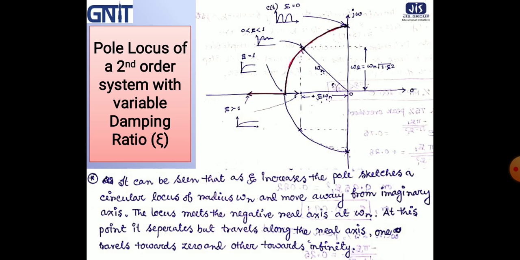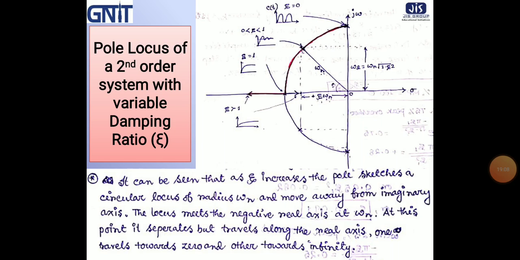The locus meets the negative real axis here. The locus meets the negative real axis at omega n. That means the radius of this circle is omega n. So the locus meets the negative real axis at omega n.